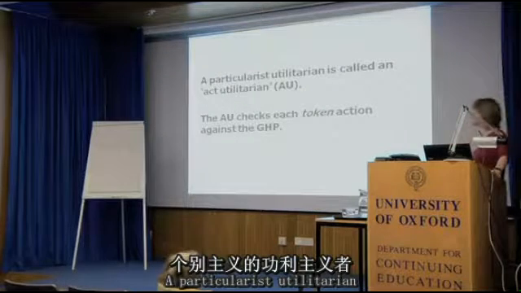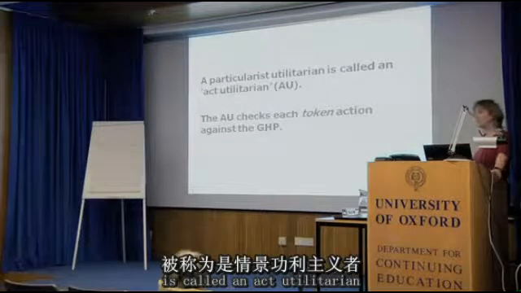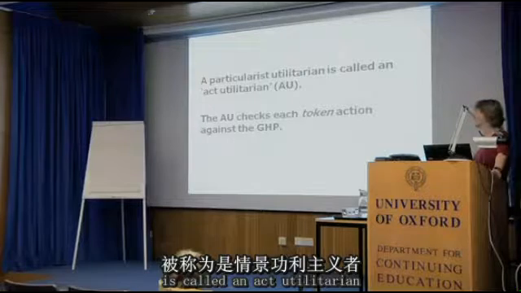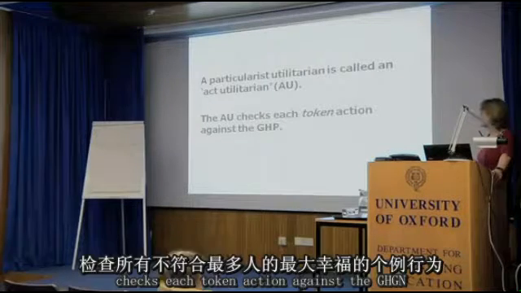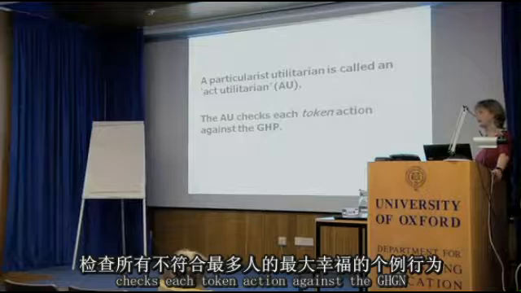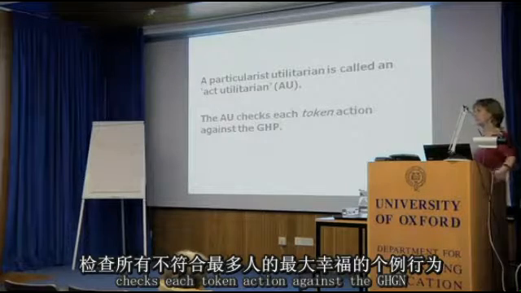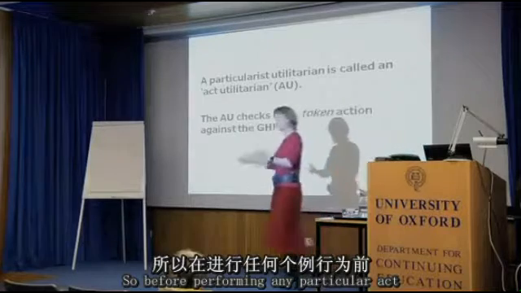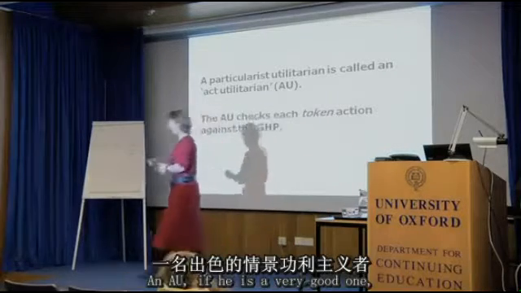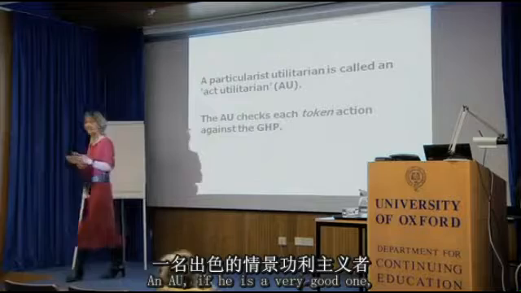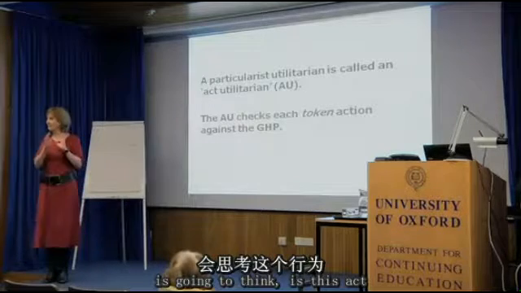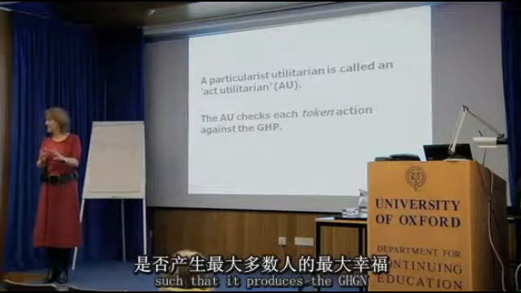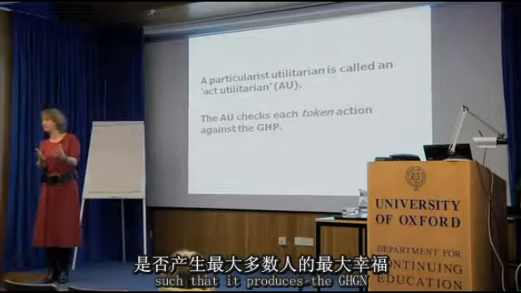A particularist utilitarian is called an act utilitarian. The act utilitarian checks each token action against the greatest happiness of the greatest number. So before performing any particular act, an act utilitarian, if he's a very good one, is going to think, is this act such that it produces the greatest happiness of the greatest number?